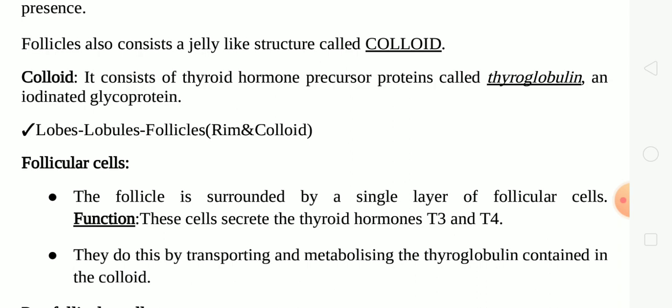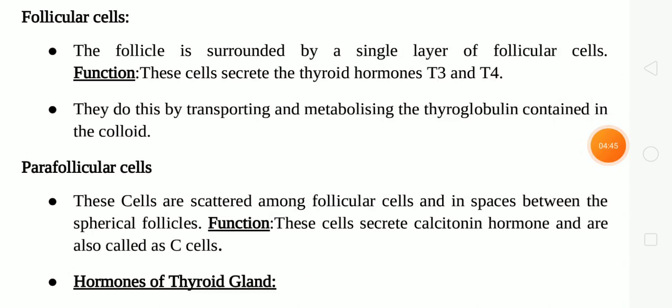And surrounding the follicles there is another type of cells called as follicular cells. See here, the follicle is surrounded by a single layer of follicular cells, and the function of these follicular cells is to secrete thyroid hormones.